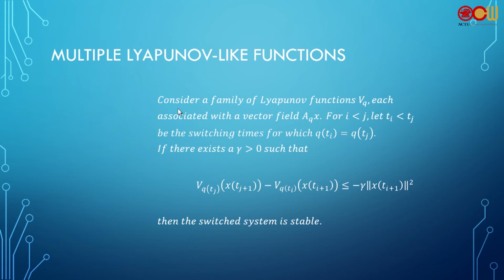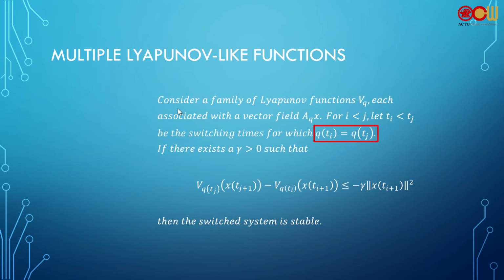To conclude what I just said, the condition for stability is this. Given a family of Lyapunov functions, VQ, corresponding to each vector field AQx for each subsystem. So Q is the subindex. And for any i smaller than j, and let Ti be smaller than Tj, Ti and Tj index the same subsystem because Q(Ti) equals Q(Tj).